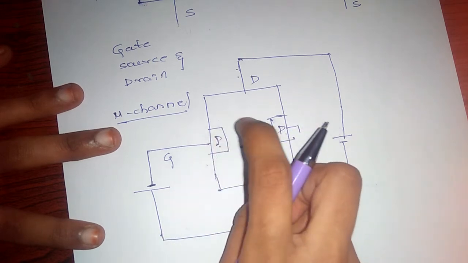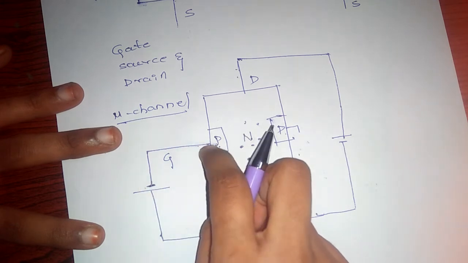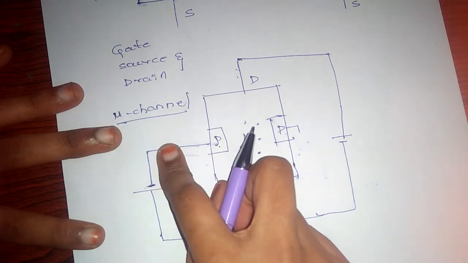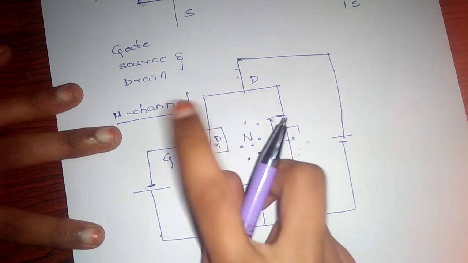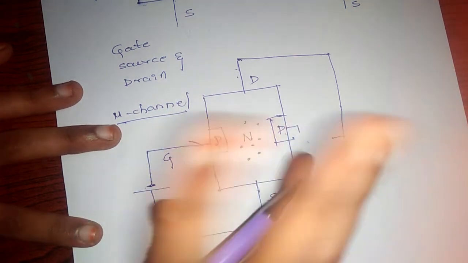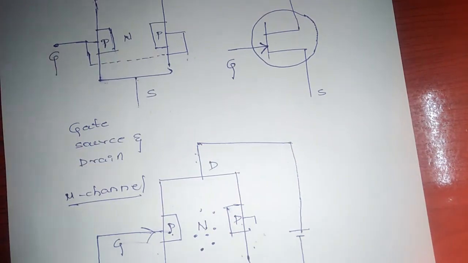These holes will move in these directions, so the whole current will move towards the FET. So the arrow is indicated towards the FET. This is the reason for this arrow indication.